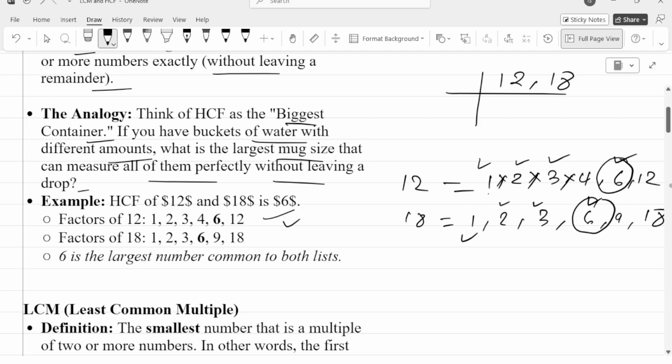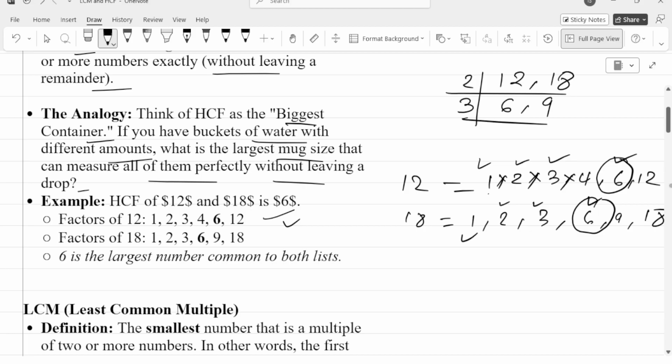For example, we take the tables of both numbers and look for what comes in both, and that is the highest number. When we take the table of 2, 2 sixes are 12, 2 nines are 18.